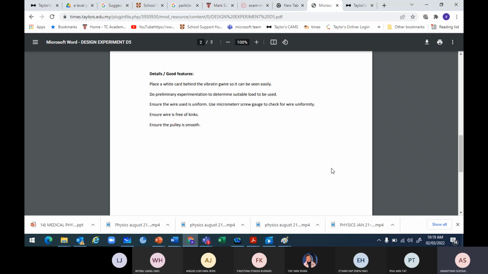So we don't want a very high load or a very low load, but an intermediate one. So you do the preliminary experiment so that the frequency is within the range of the signal generator. You don't want to be outside the frequency of the signal generator, or you can't form the signal. So conduct a preliminary experiment so that a suitable load is used.